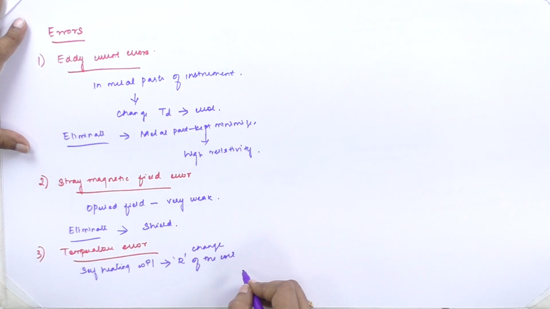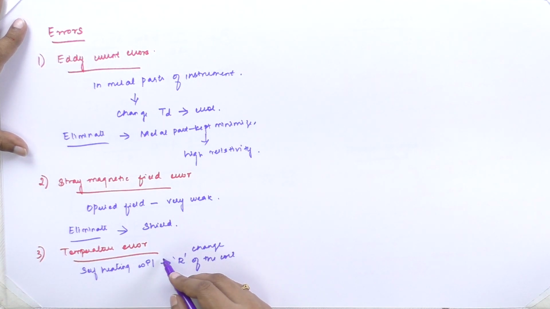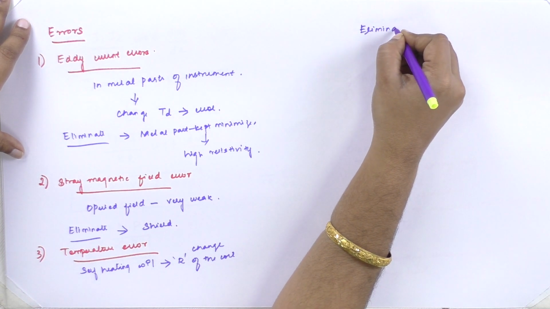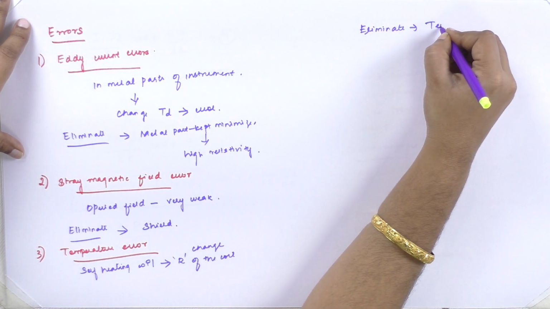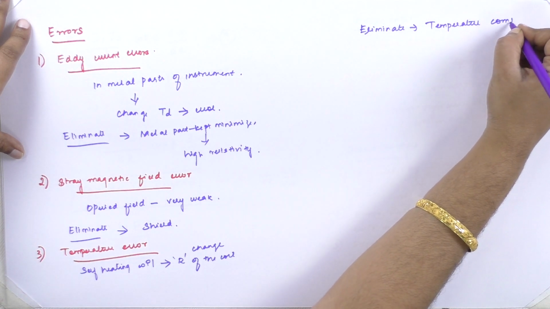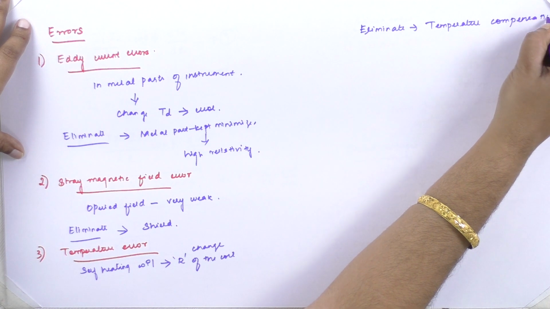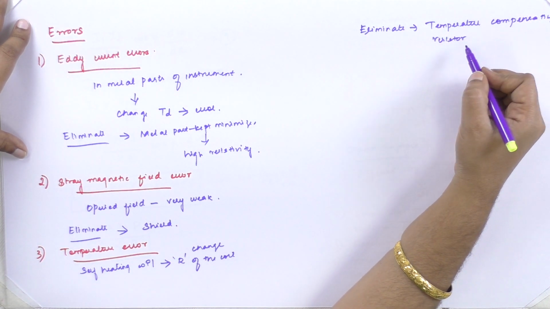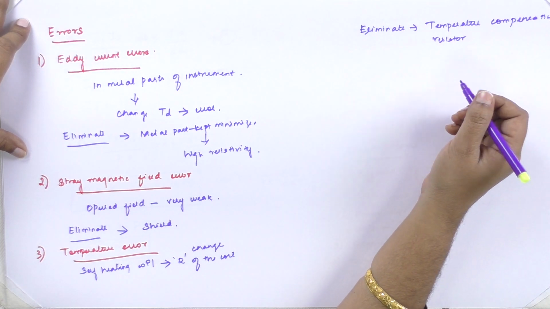In order to eliminate this temperature error, we have to use temperature compensating resistors along with the moving coil.